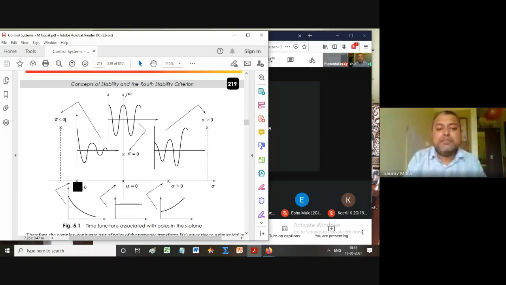So the pole s plus 5, or s is equal to minus 5, is called a real pole. But this is called an imaginary pole, and imaginary poles are always in conjugate. So if I am finding a pole at minus 2 plus 2j, then there is another pole at minus 2 minus 2j. So we will take these two poles, that is s is equal to minus 2 plus 2j and minus 2 minus 2j, and we will find what kind of response it is giving.